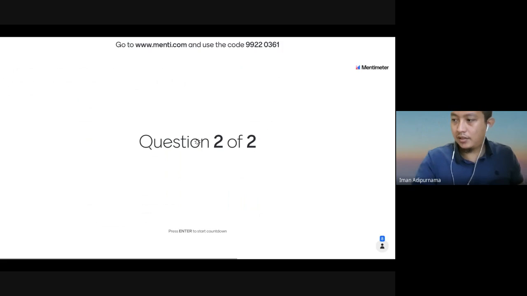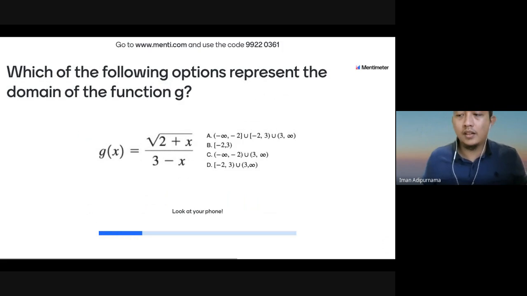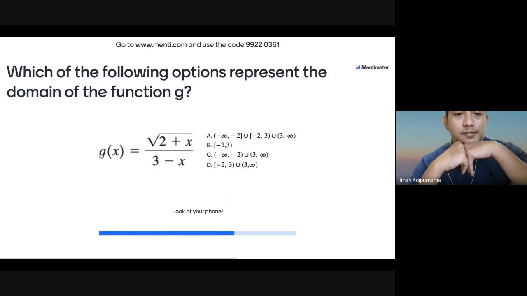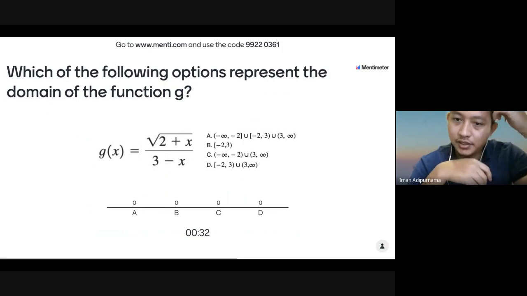Get ready. Find the domain. Which one is the domain? 30 seconds.